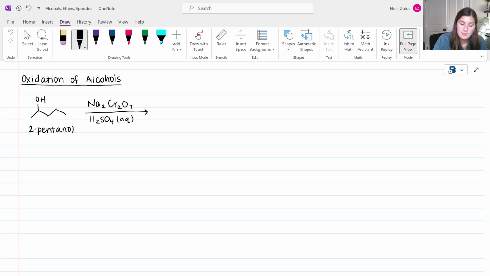This is an oxidizing agent, this combination of reactants. Then we would end with a ketone. So this is 2-pentanone.